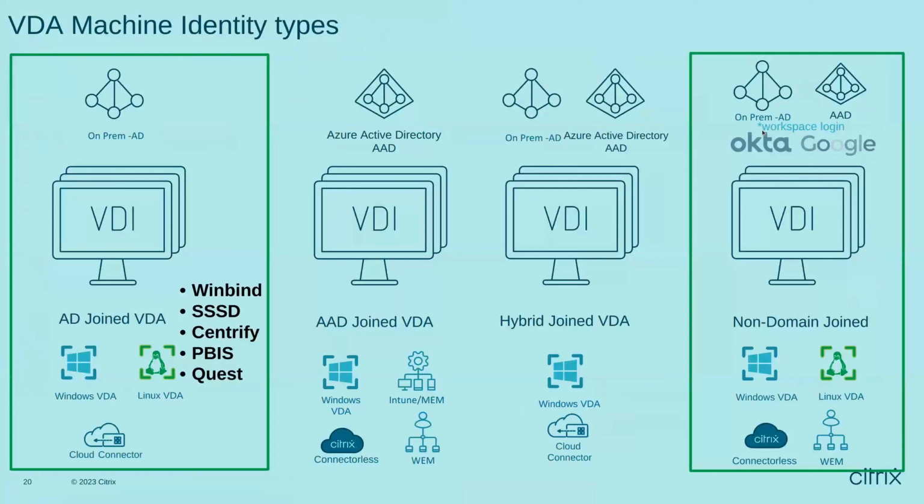You can still use those identity platforms to log in the user, and when the user logs into Linux VDA, we will create a local mapped user and allow them to SSO to Linux VDA. It's based on your environment and your business case. You can flexibly decide which one is suitable for you.